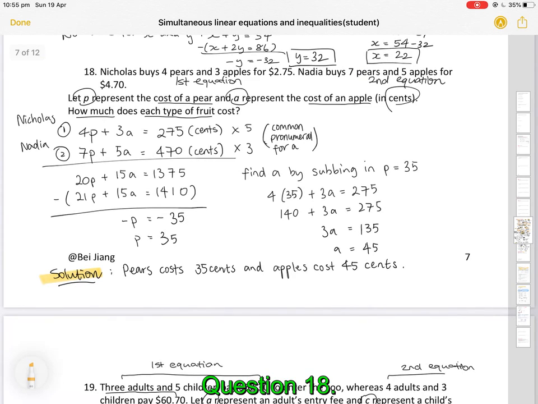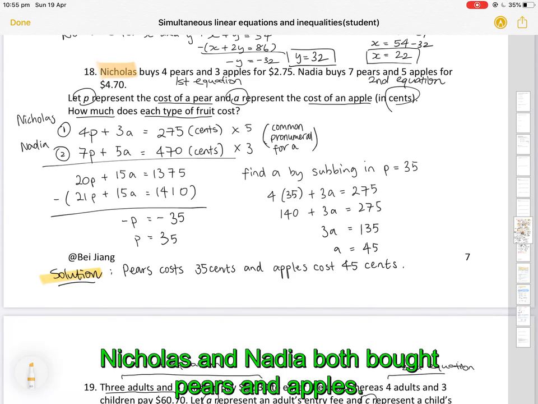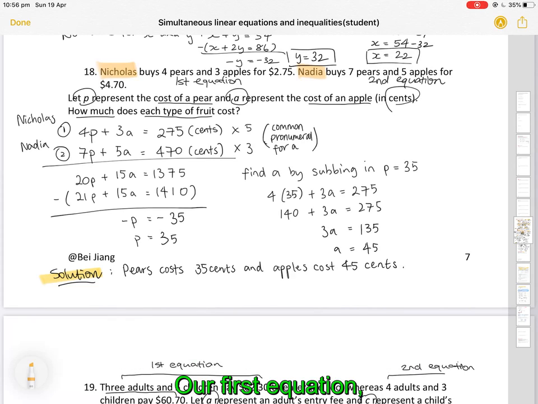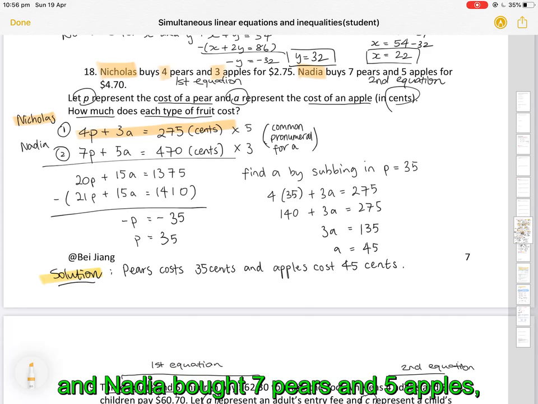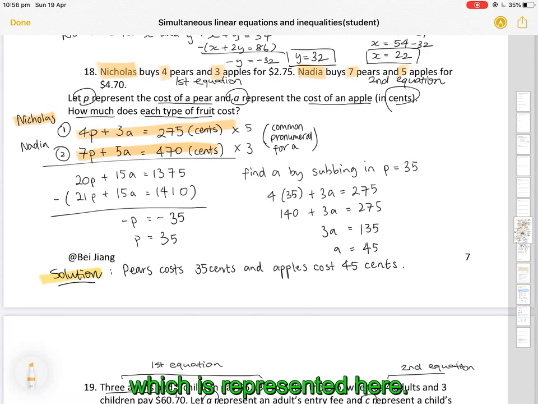Question 18. Nicholas and Nadia both bought pears and apples. For our first equation, we found that Nicholas bought 4 pears and 3 apples, and Nadia bought 7 pears and 5 apples, which is represented here.